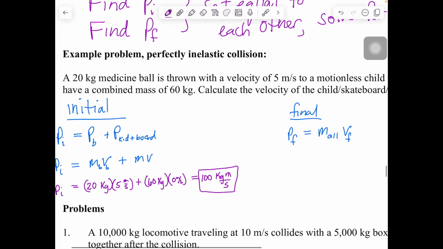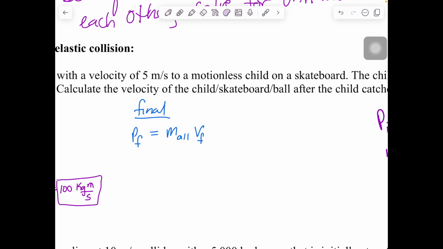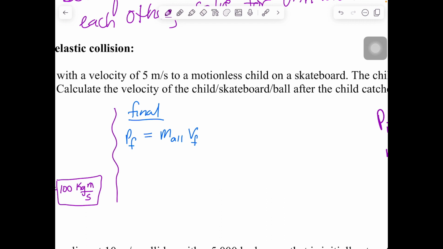Now, after they collide, to find the final momentum, you're going to take the mass of everything, because now the kid caught the ball. So we've got the mass of the ball, the mass of the kid, plus the mass of the skateboard.